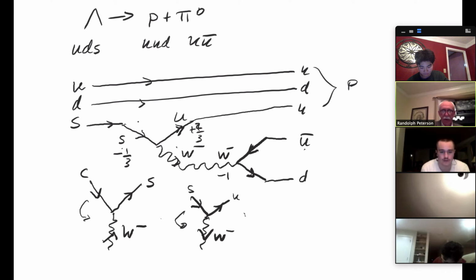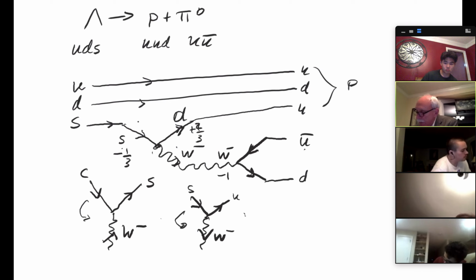So why does that W have a charge of -1 right there? Well, it can't change its charge, right? It was -1 up here. Maybe what I want is, what's the charge on a D? -1/3.